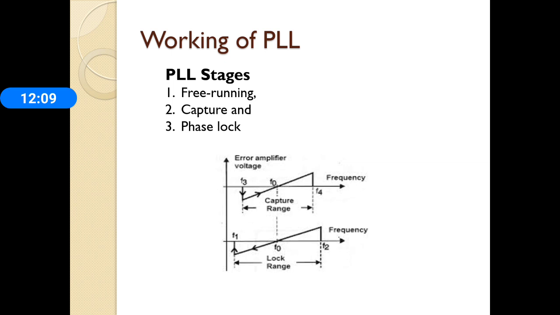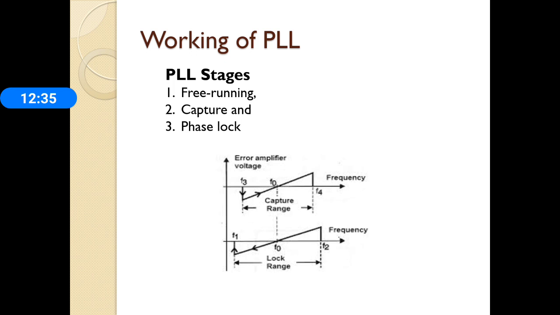When the input frequency Fi increases and reaches Fi1, the error voltage jumps from 0 to a negative voltage. All these points we can observe in this figure. This value will be equal to the difference between the input frequency and the actual VCO output frequency, that is Fi minus F0.